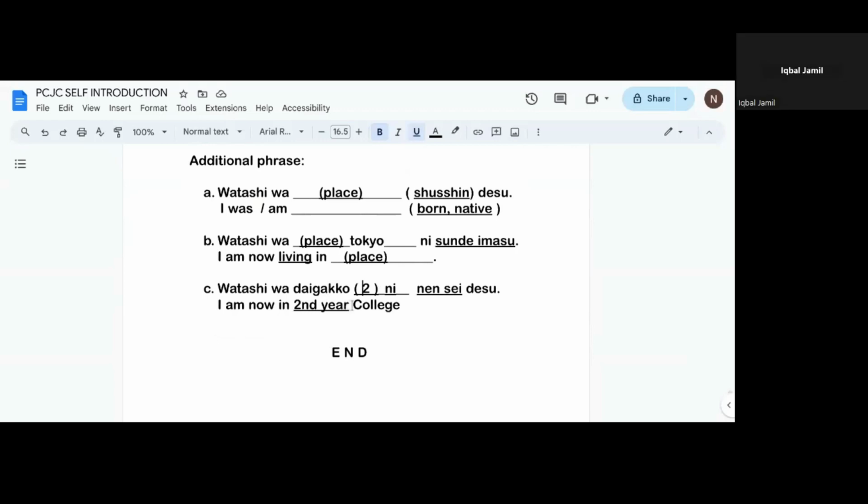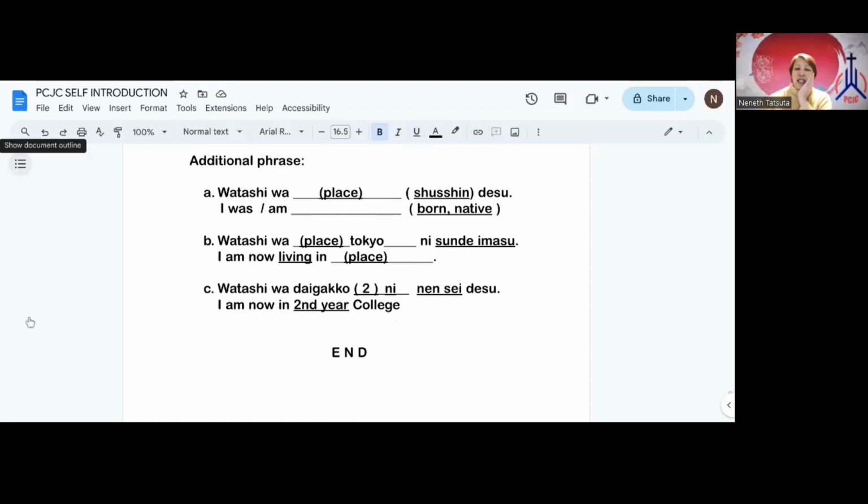Yeah, because I put the ni. Okay, second year. Nen means year. Sei means student. Ninensei. Yeah. 私は大学2年生です。I'm now in second year college.